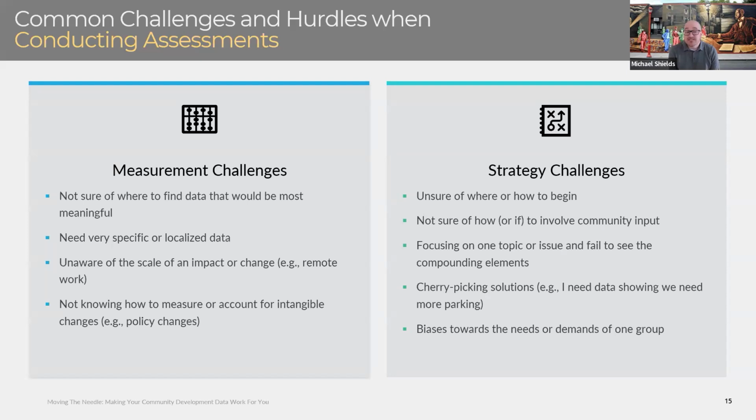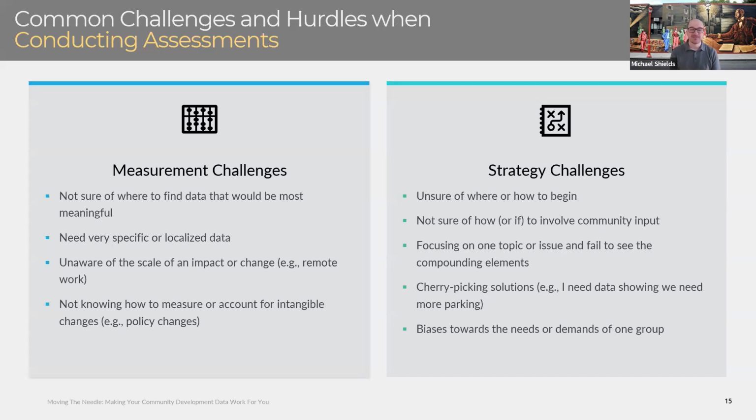Some people are unaware of the scale or impact of a change. I give the example of remote work here. We've had folks come to us saying, we just want to build a plan around remote working and attracting remote workers. And I often have to break the news that only about 10% of the full-time working population right now is fully remote, and it's shrinking every day.